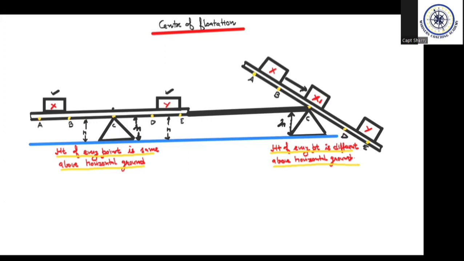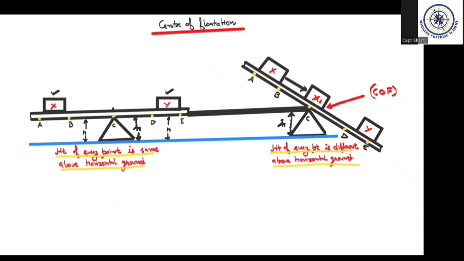And this point, the fulcrum, we can say is the center of flotation for a ship. Understood? So this point C, if I think of the plank as a ship, is also known as the center of flotation.